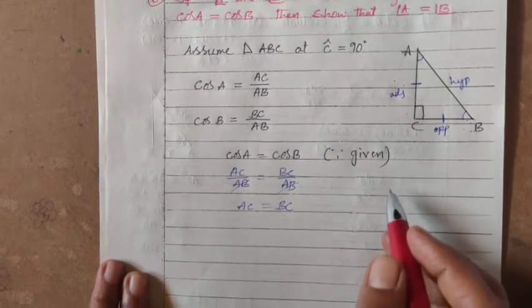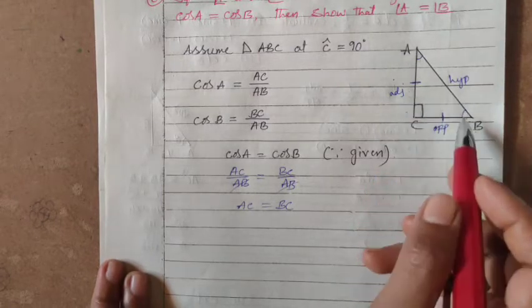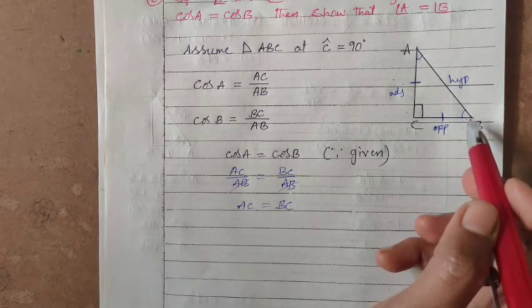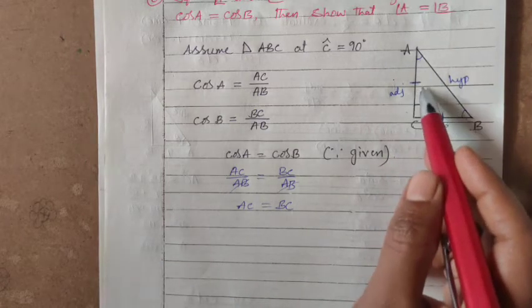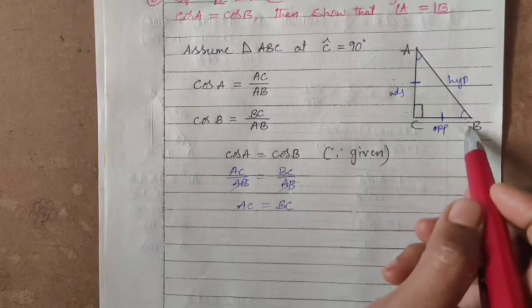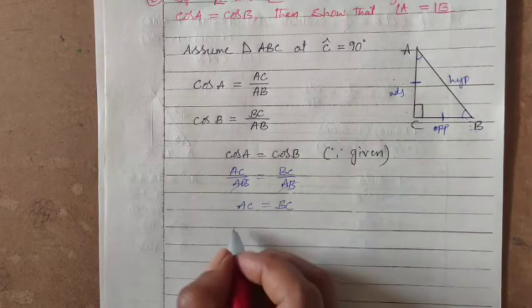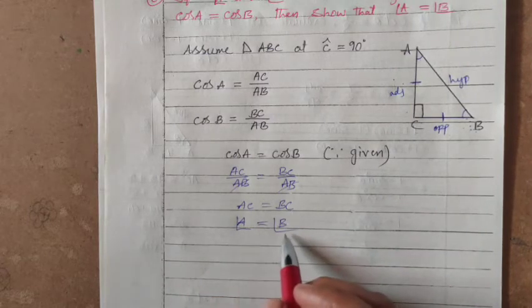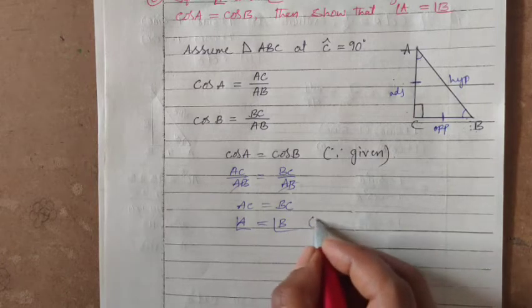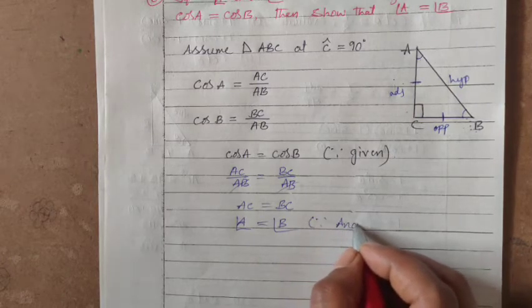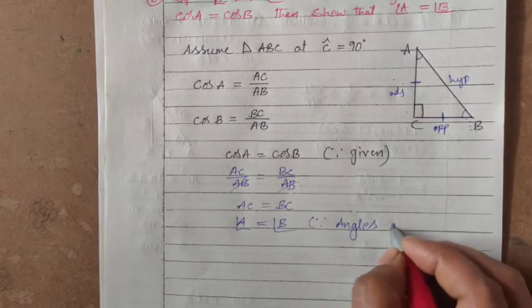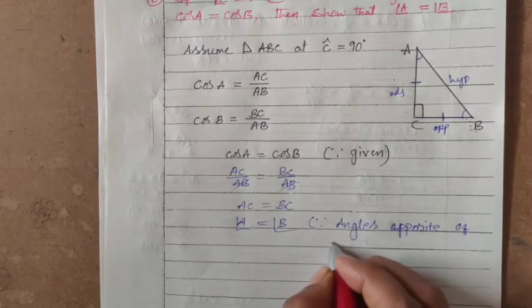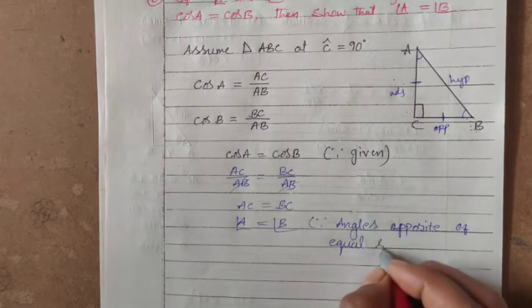In an isosceles triangle, the angles opposite of equal sides are equal. That's why angle A equal to angle B, because the angles opposite of equal sides are equal.